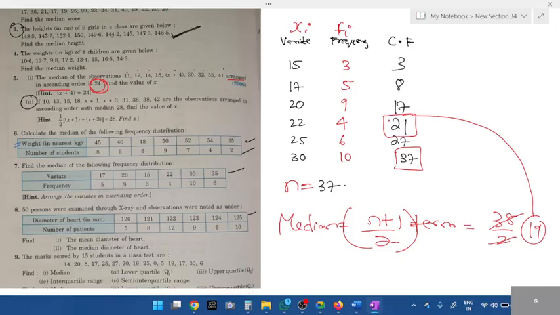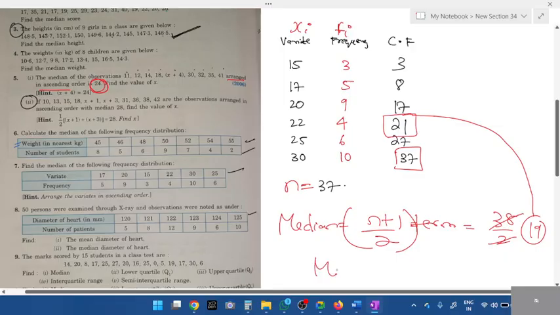Yes, 22 is the answer. 22 what? Have they given kgs, height, weight, anything, or just variate and frequency? Then you don't need to write any units, students. Don't write any units. 22 is the answer. Clear?